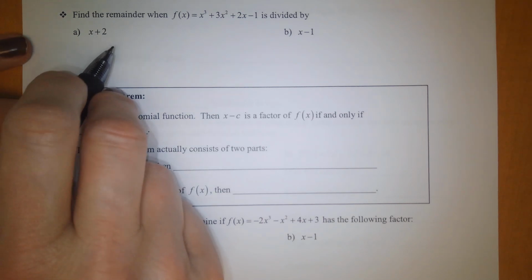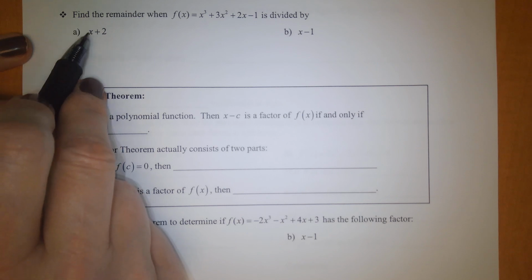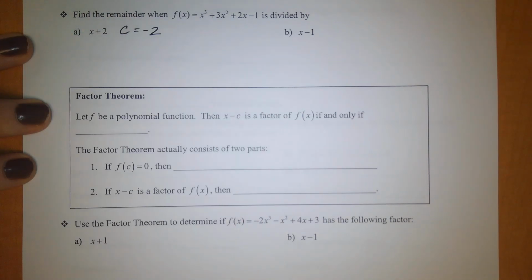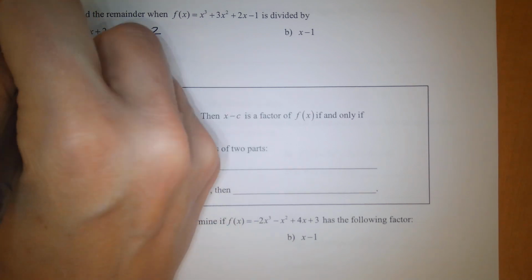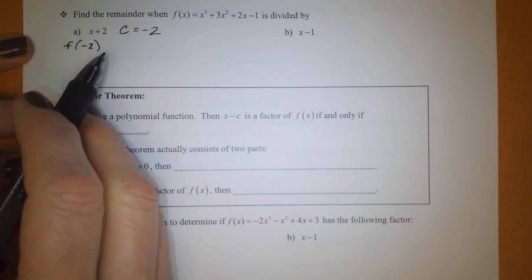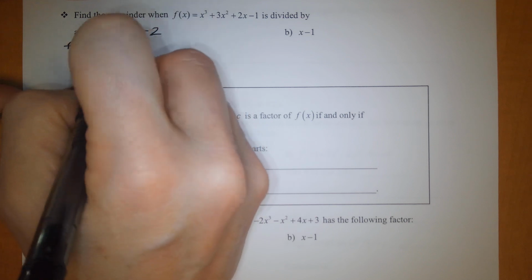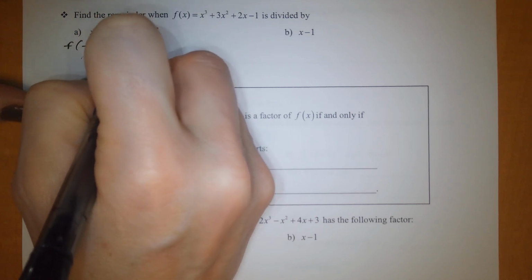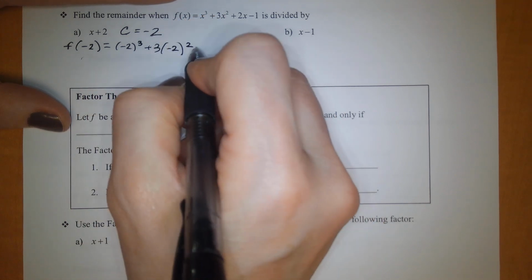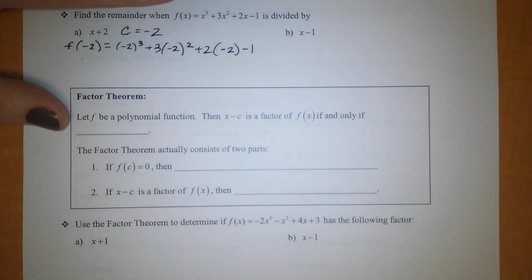First we have to determine what c is. C is what would make this thing turn 0. So c would be negative 2. And then if I plug that potential 0 into the function, I get negative 2 cubed plus 3 times negative 2 squared plus 2 times negative 2 minus 1.